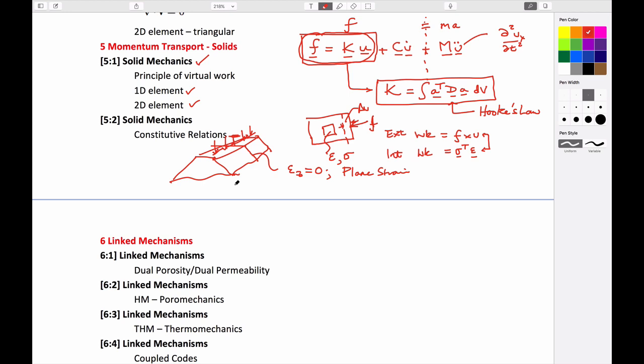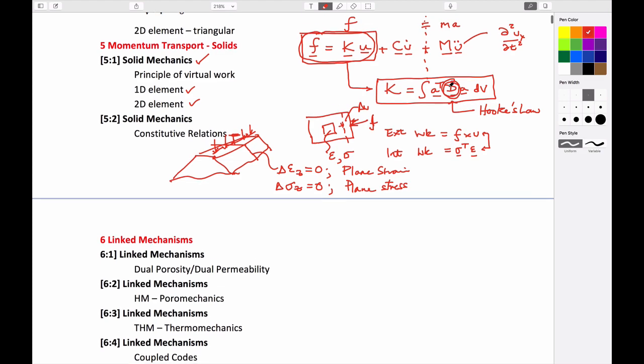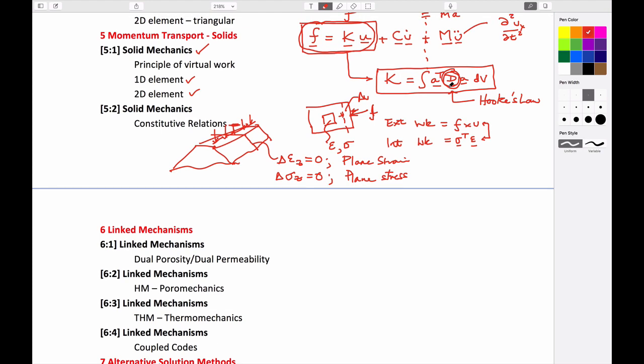So the other condition is that the stress in that direction is equal to 0, which is plane stress. And so these considerations modify the form of the constitutive matrix, and that has to be accommodated. So that was really the message from last time.